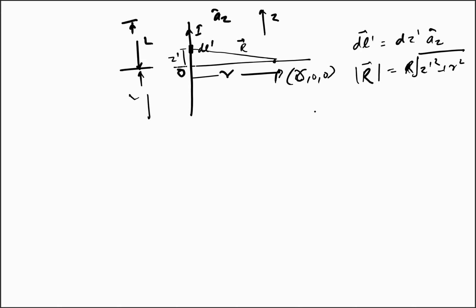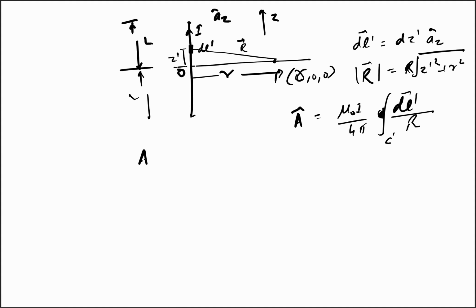Now using A is equal to mu naught I over 4 pi, integral over curve c dash of dl dash over R, we can easily find the vector potential. Since the wire is from minus L to L, we will just remove this closed curve sign, assuming that it is a part of some circuit.